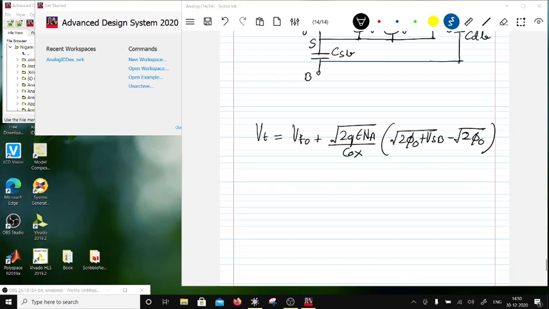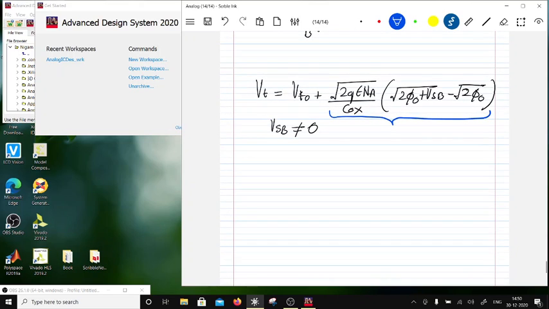Now if Vsb equals 0, then Vt is equal to Vt0, and this additional term won't be there. But if Vsb is greater than 0, then this term would cause the threshold voltage of the device to go up. The scaling factor here is this.